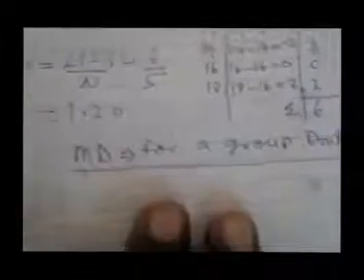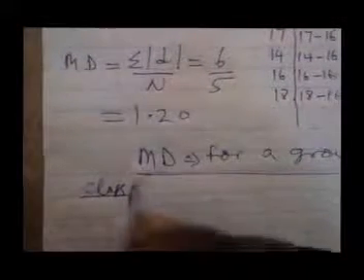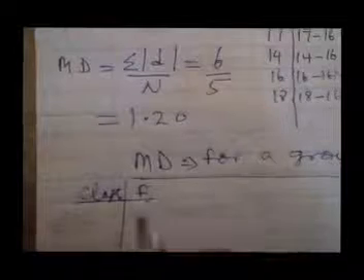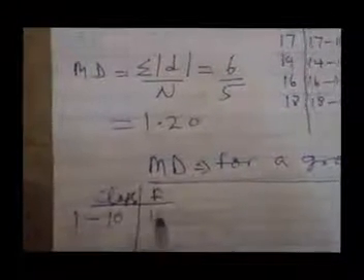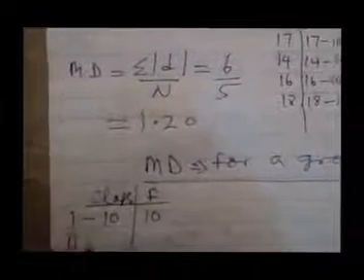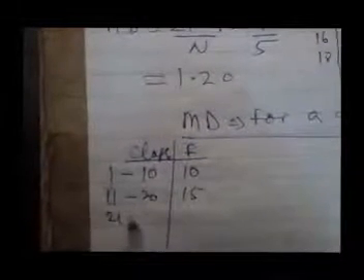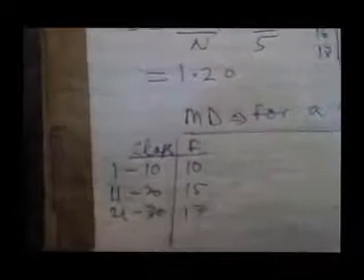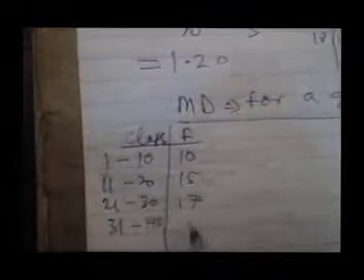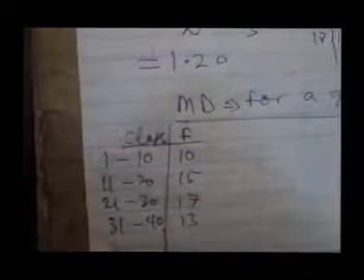Now I have this table. Class, frequency: 1 to 10, frequency is 10; 11 to 20, frequency is 15; 21 to 30, frequency is 17; 31 to 40, frequency is 13; 41 to 50, frequency is 5.